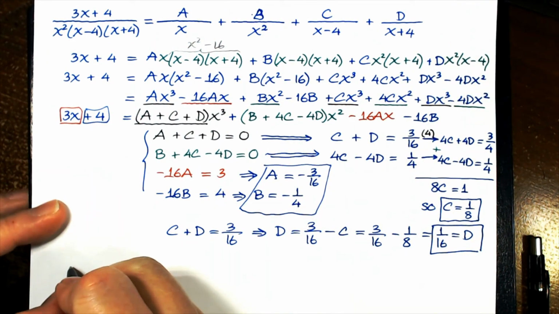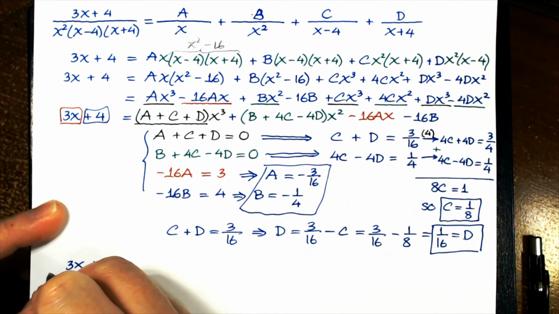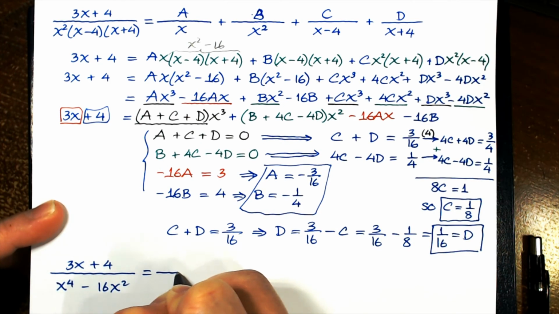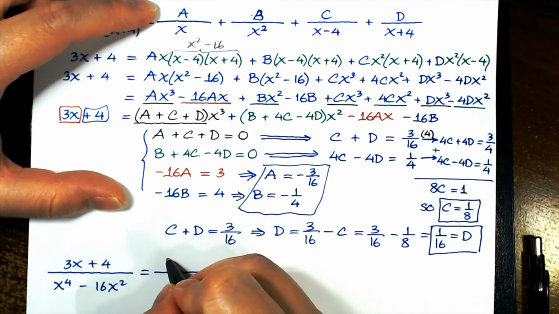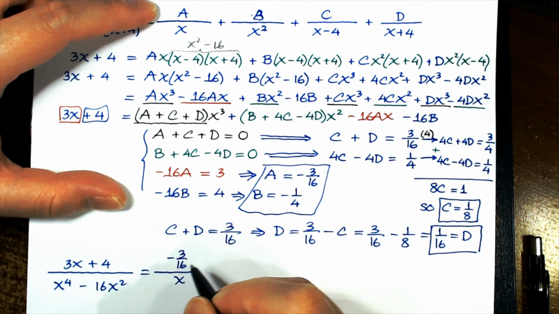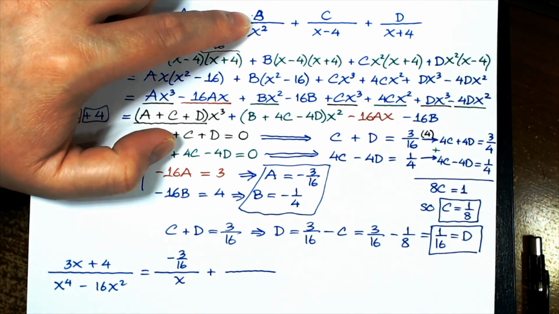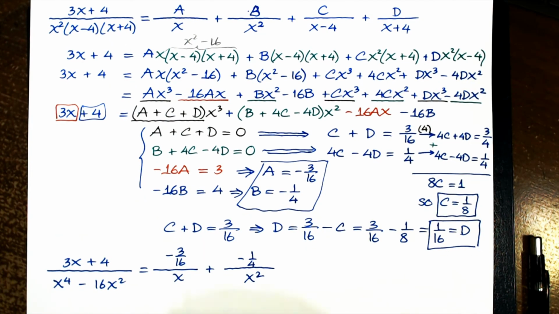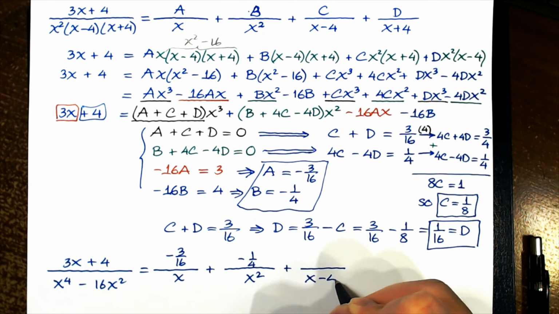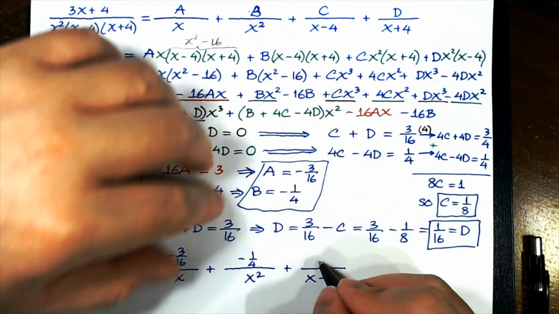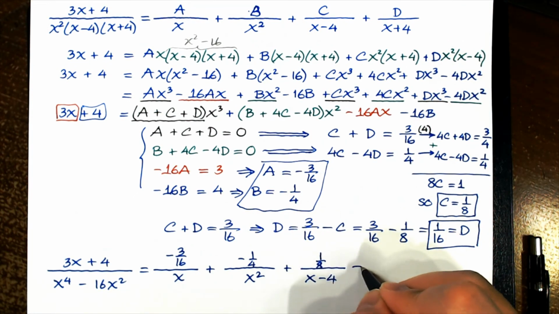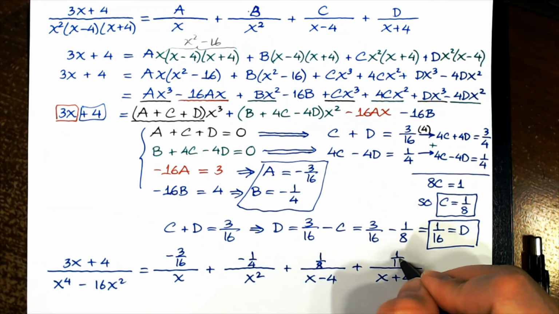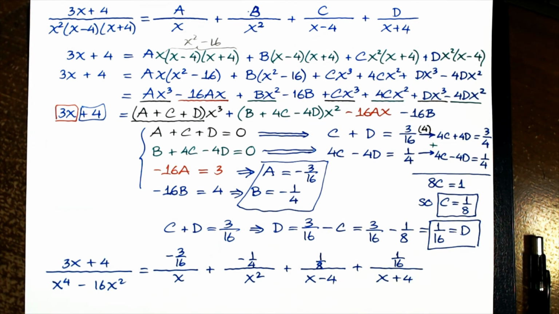We have the partial fraction as follows: 3x plus 4 over x to the 4th minus 16x squared is equal to a over x, where a is negative 3 over 16, plus b over x squared, where b is negative 1 over 4, plus c over x minus 4, where c is 1 over 8, and d over x plus 4, where d is 1 over 16. And so that's what we have.